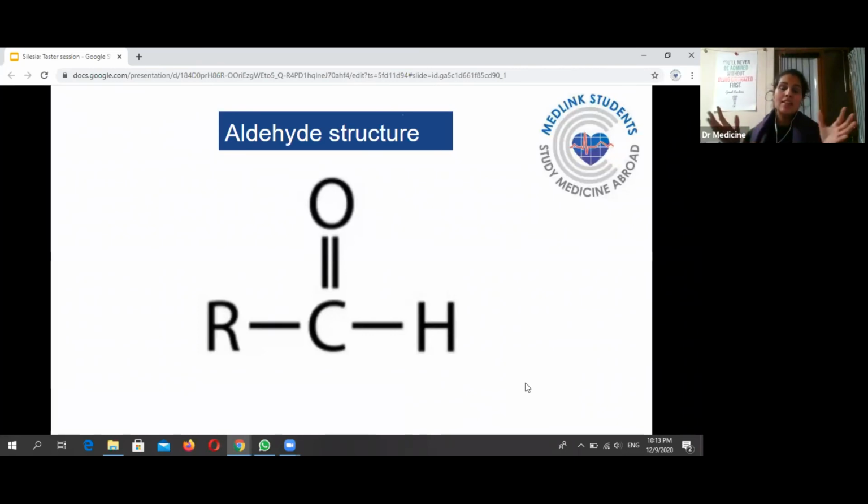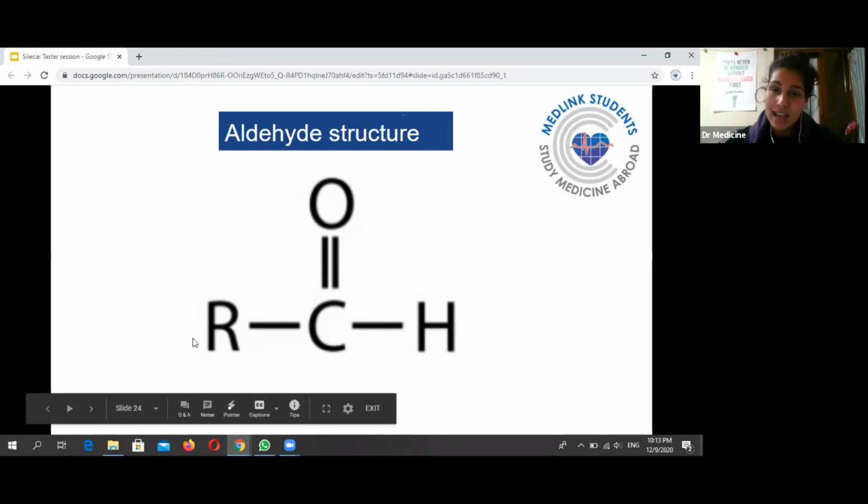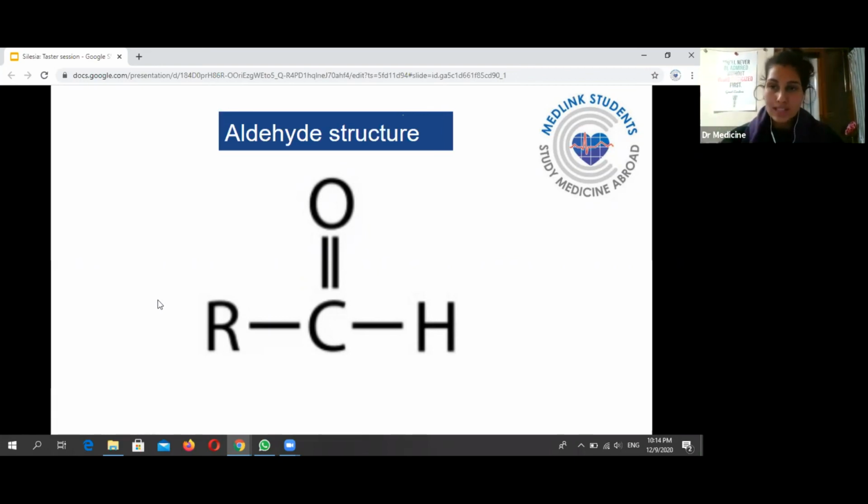So this other carbon can be bonded to another carbon, which can then be attached to another double bond oxygen, to an alcohol, an OH group, to another functional group. So this variable is what makes aldehydes so different, because they can contain other functional groups as well, or they can be attached to other carbons. So as we elongate the carbon chain, of course, this will influence how we name the aldehydes as well.